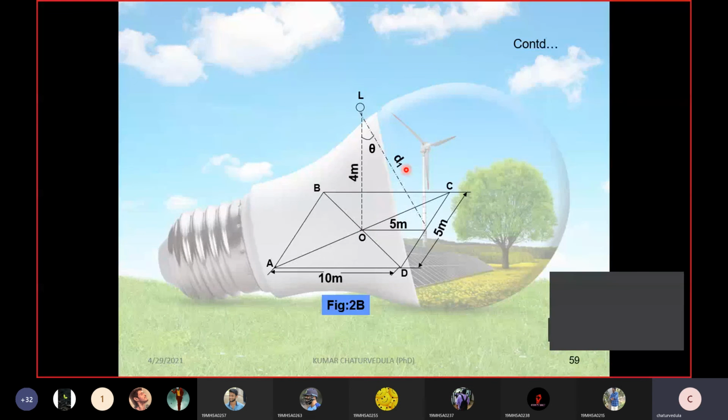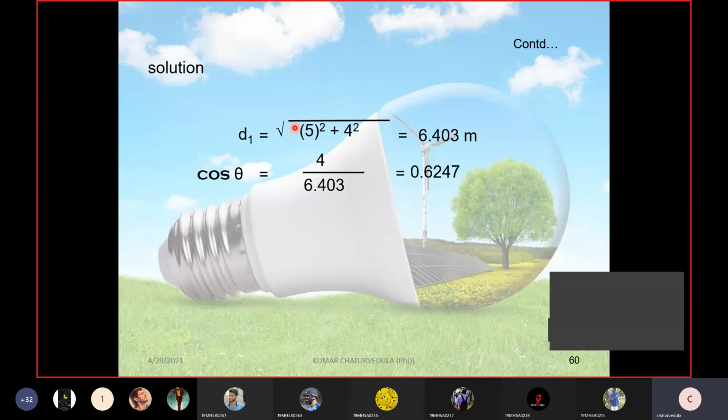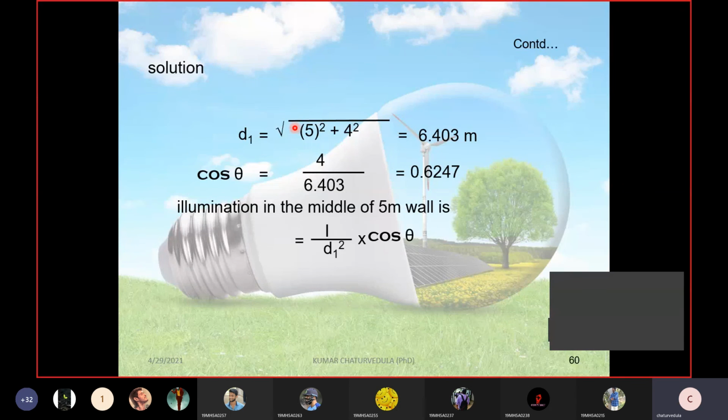So d1 is equal to root of 5 square plus 4 square, which gives 6.403, and cos theta is equal to h by d1, so 4 by 6.403, which is 0.627. So this is the illumination in the middle of the 5-meter wall: I by d1 square into cos theta. The I value is 400, d1 is 6.403, and cos theta is 0.624, so it is 6.095 lux.